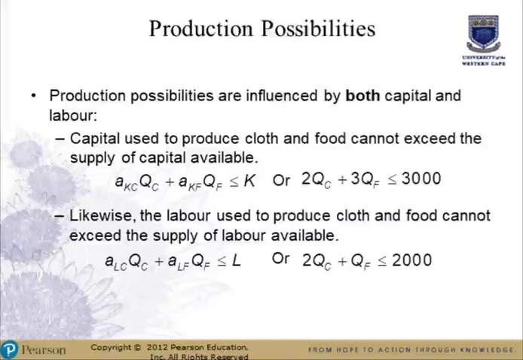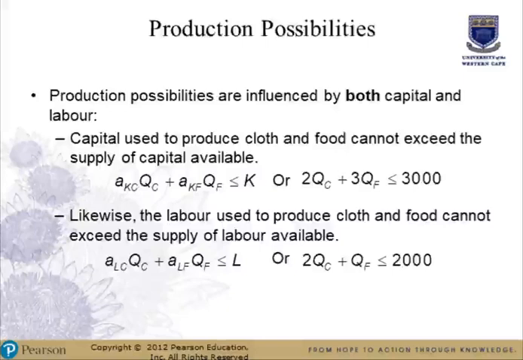Based on these unit requirements and the information given above, we can derive the production possibility frontier for this economy. However, the production possibility frontier will be constrained by the available resources. That is, in terms of capital, the total supply of capital cannot be exceeded by capital used in cloth and food production.